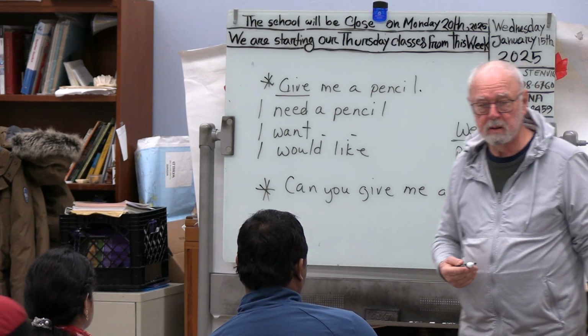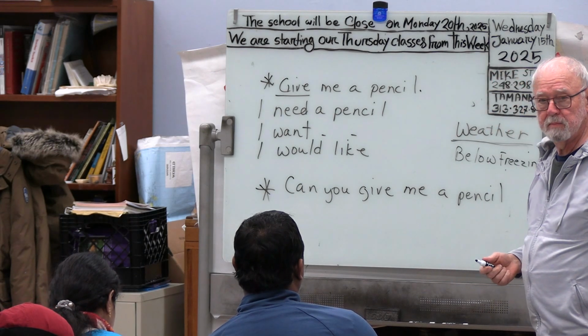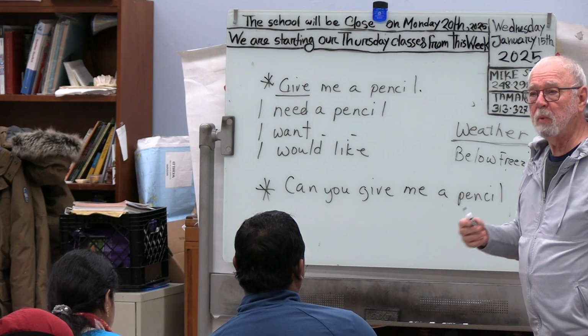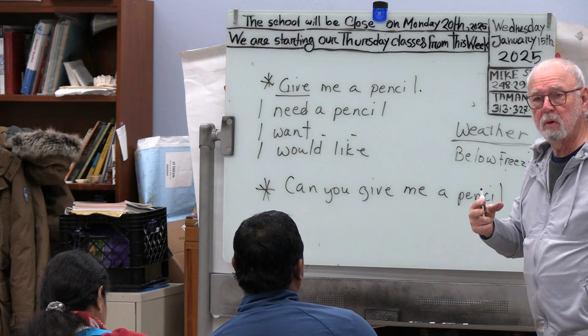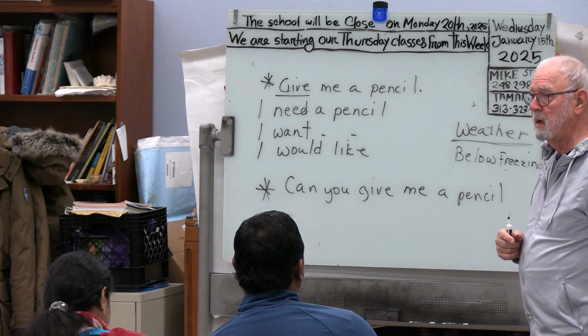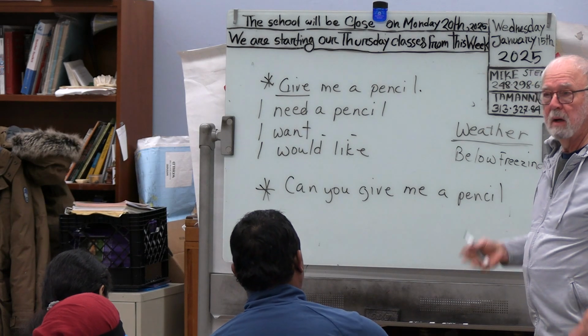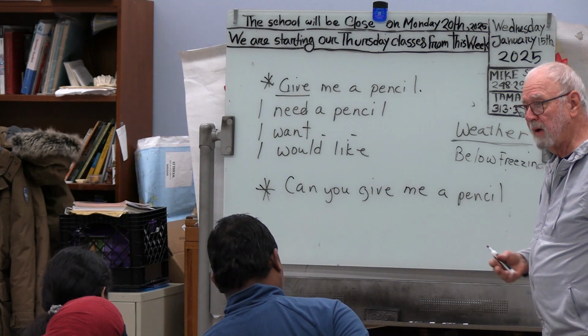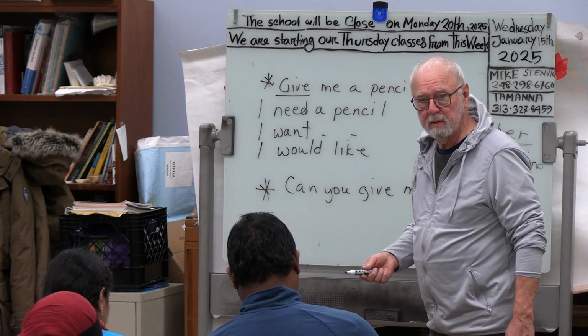More polite. So, if you go to a store and you want someone to help you, and you walk up to the person and say, "Help me." Very direct, but a more polite way of saying it is, "Can you help me?"